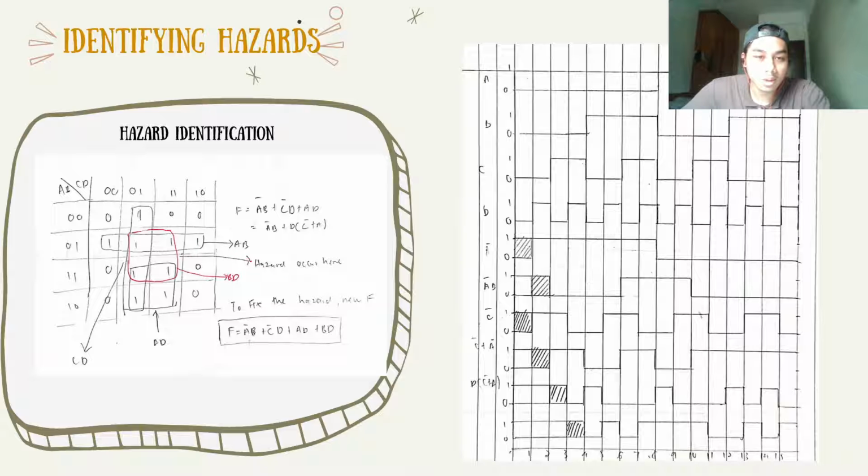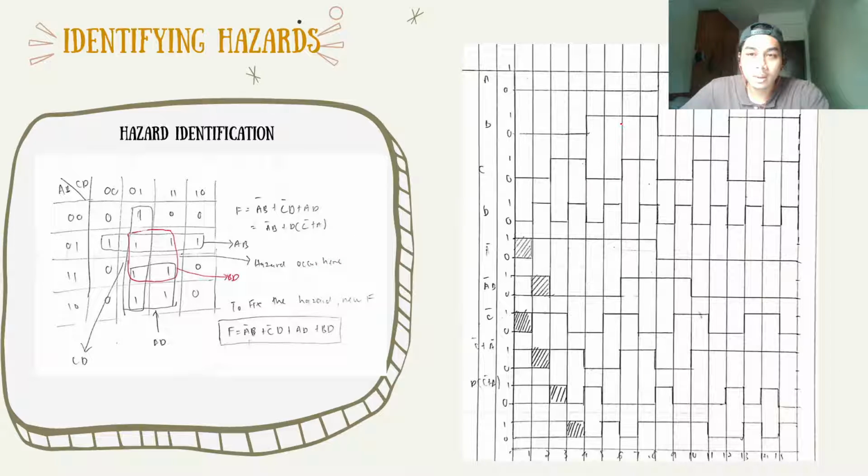To fix this, we need to get the form here. So I get ABD, because B is not changing, 1, 1, and D is also not changing. So this is the new hazard-free form.